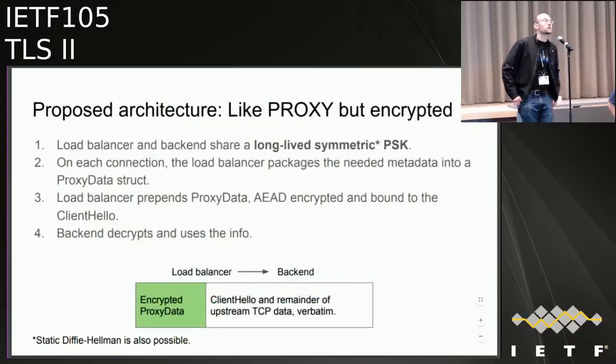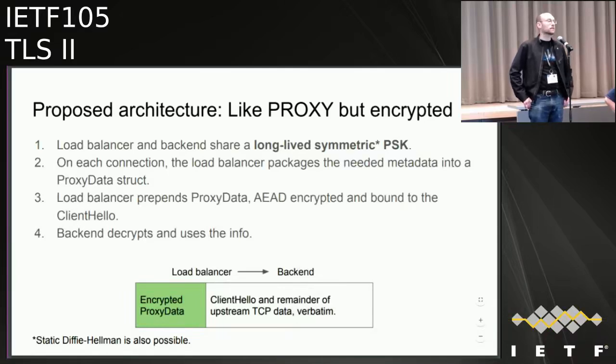So the proposed architecture here, which is completely lifted from the ESNI draft, is to simply use a PSK that's prearranged somehow between the load balancer and the backend to encrypt some proxy data, which is basically just a bag of data. And that includes things you need in order to answer the ESNI.